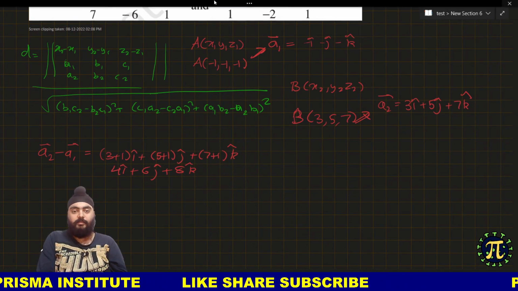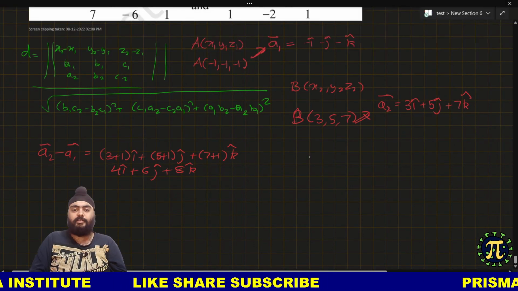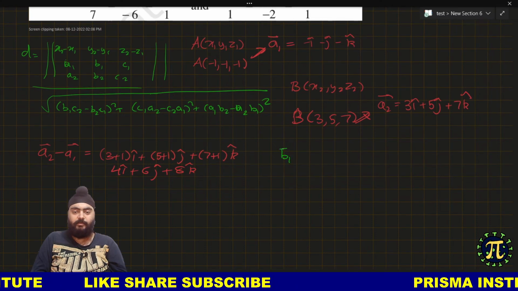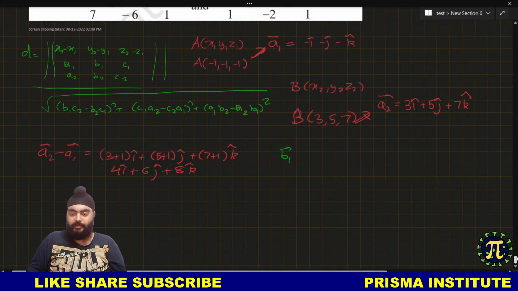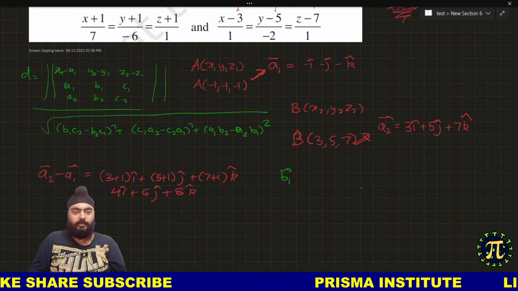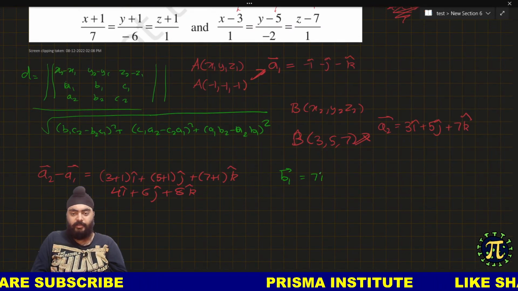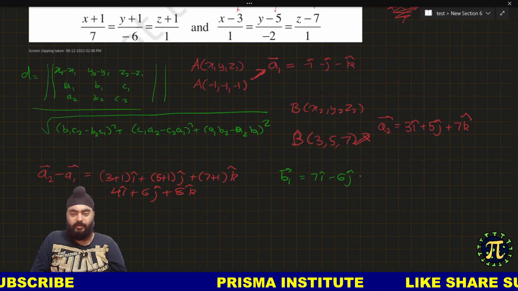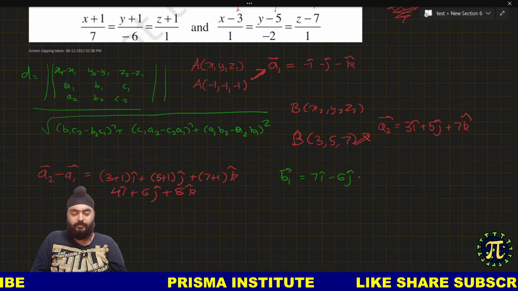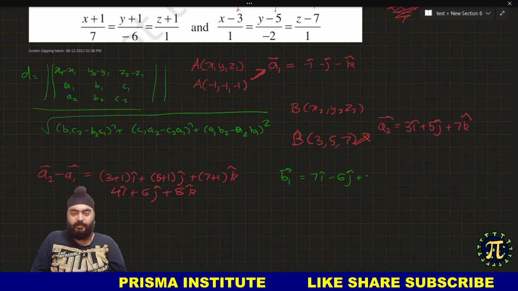Then you can write b1 and b2 vectors, which are a little bit direct. So b1 vector can be written by the direction of line 1, which is 7i minus 6j and 1 times k, right?